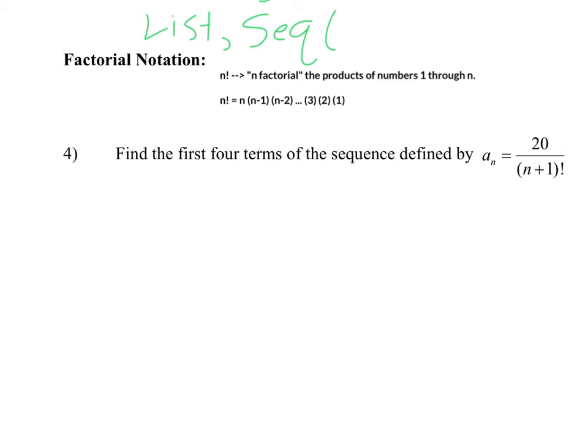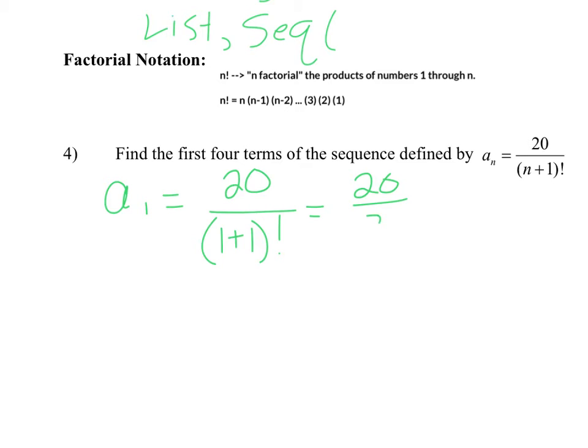Here they want us to find the first 4 terms of the sequence defined by 20 divided by the quantity n plus 1 factorial. So when we find a sub 1, that is going to be 20 divided by, now our n value here is 1, so it's really 1 plus 1 factorial. 2 factorial is 1 times 2, so this is the same as 20 over 2, or 10.